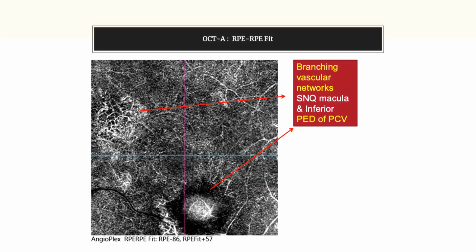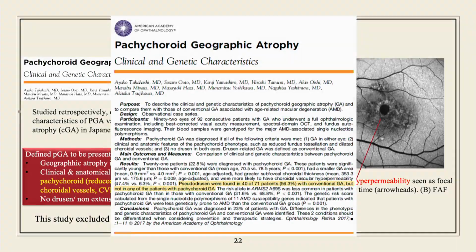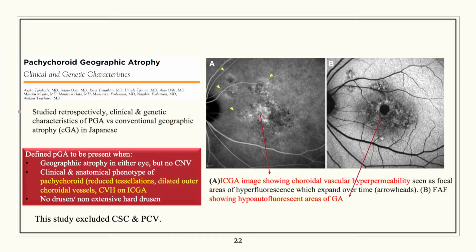OCTA shows the branching neovascular network and the polypoidal lesion. So this OCT and a combination of autofluorescence shows this lesion, which can be seen in a plain pachychoroid or associated diseases like PCV, pachyneovasculopathy, or CSC. So this is the atrophy on autofluorescence.